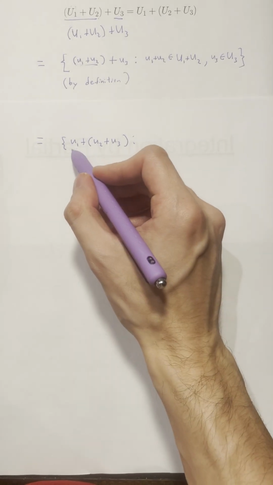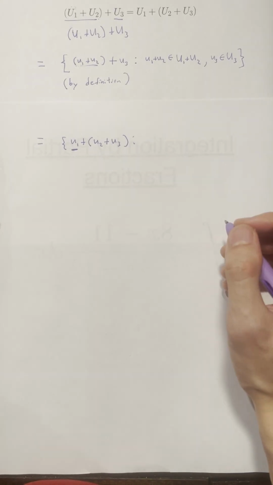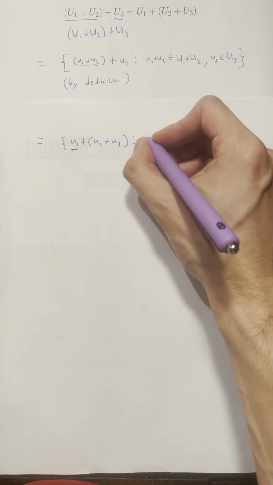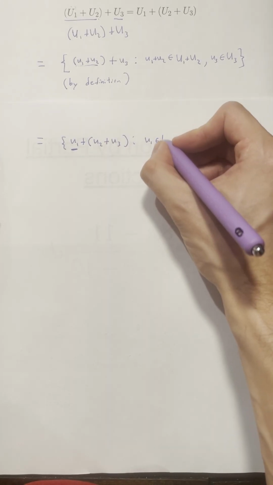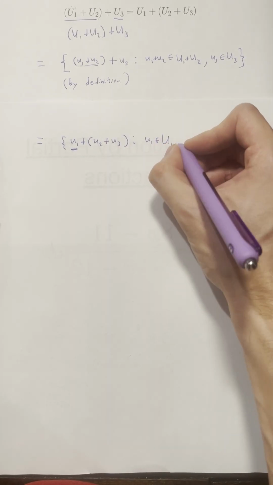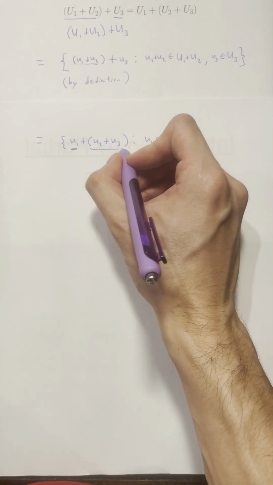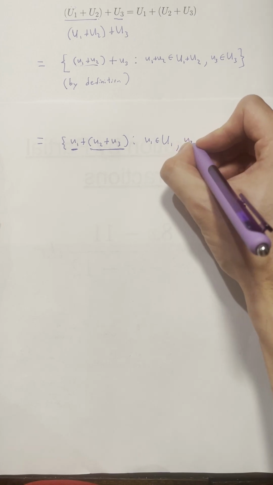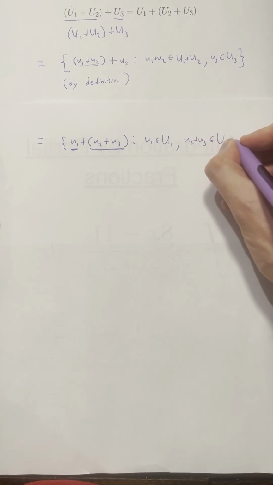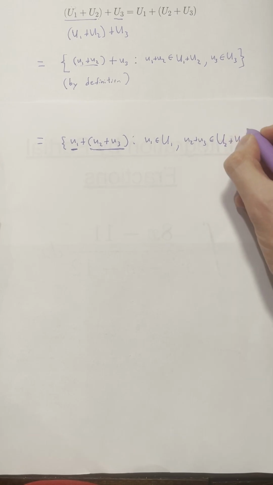What subspace would this belong to? It would belong to subspace u1. And what subspace would this vector belong to? Subspace u2 plus u3.